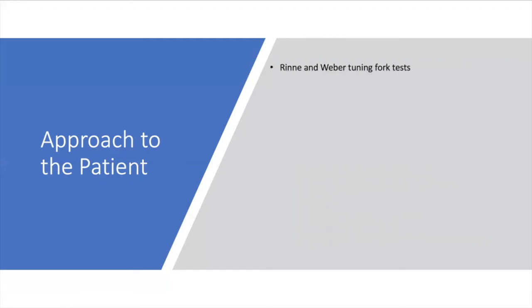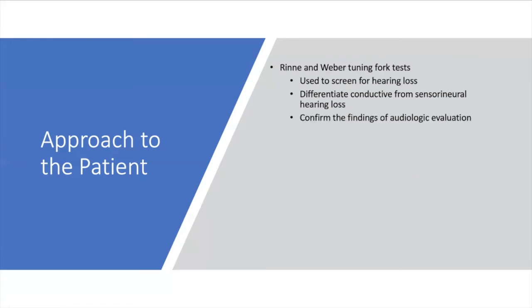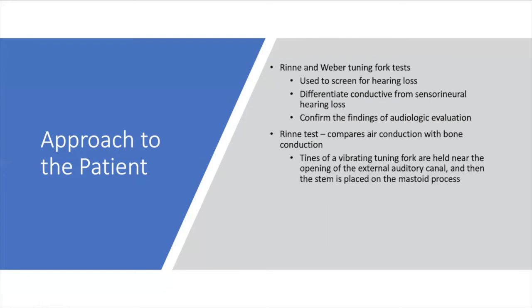The Rinne and Weber tuning fork tests are used to screen for hearing loss, differentiate conductive from sensorineural hearing loss, and confirm the findings of audiologic evaluation. The Rinne test compares the ability to hear by air conduction with the ability to hear by bone conduction. The tines of a vibrating tuning fork are held near the opening of the external auditory canal, and then the stem is placed on the mastoid process.